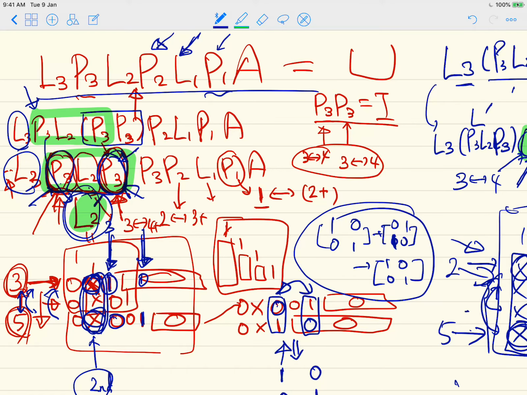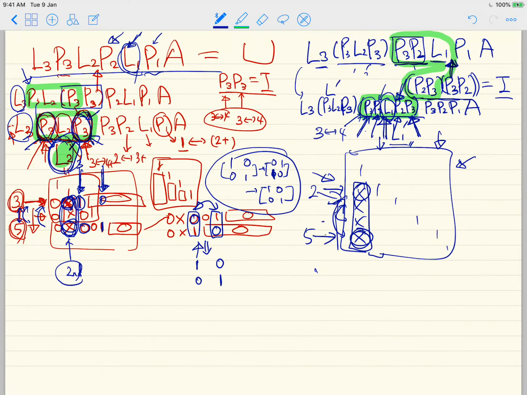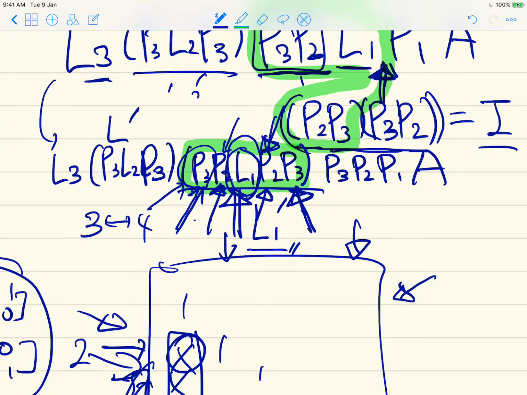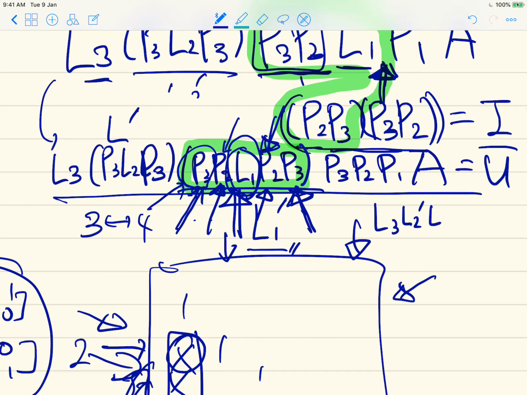And then how do we obtain this L2 prime or L1 prime and so on, right? So again, in this process, when obtaining U as the final upper triangular matrix, it will be L3, L2 prime, L1 prime, and A, so that P and A is equal to U, and P is nothing but P3, P2, P1.